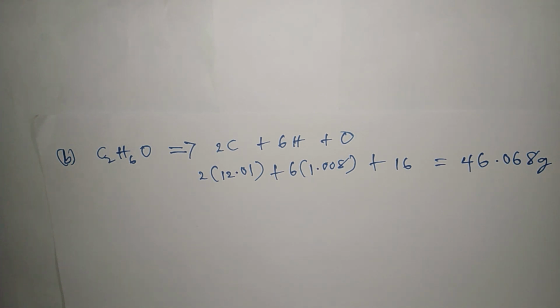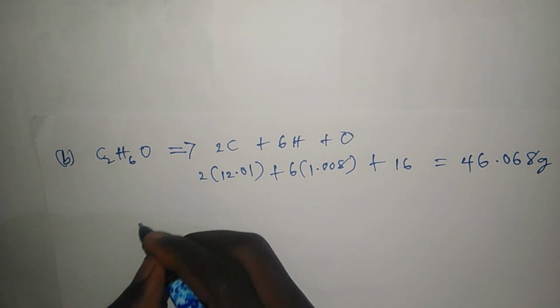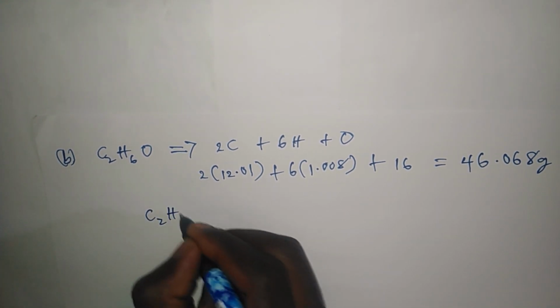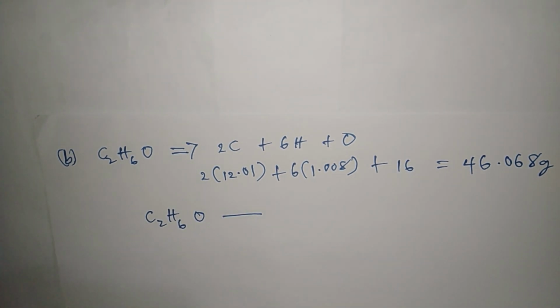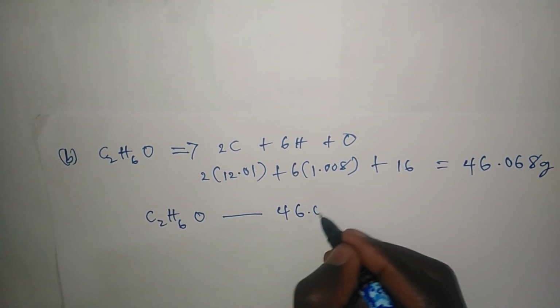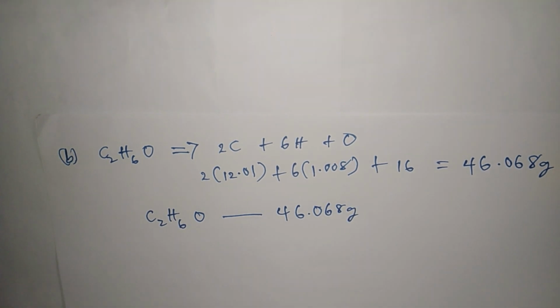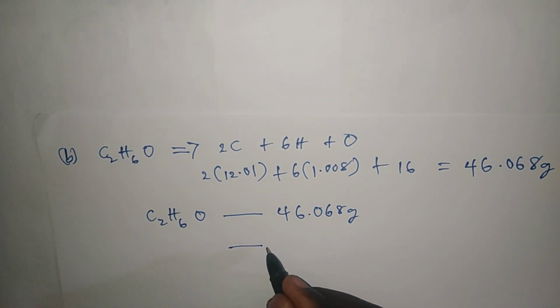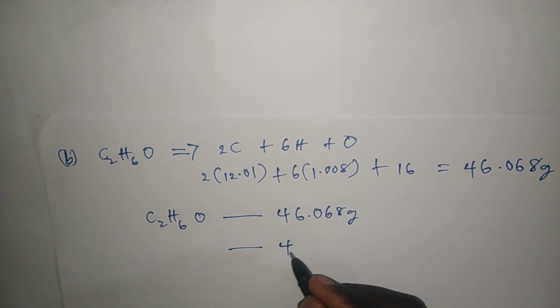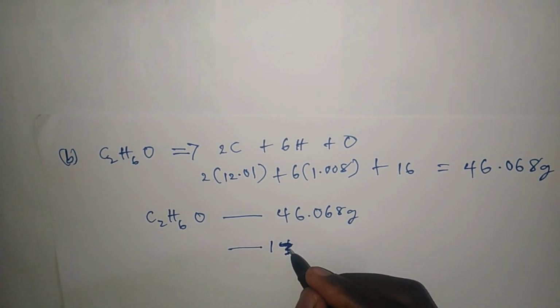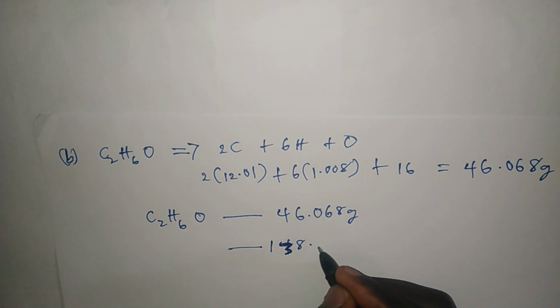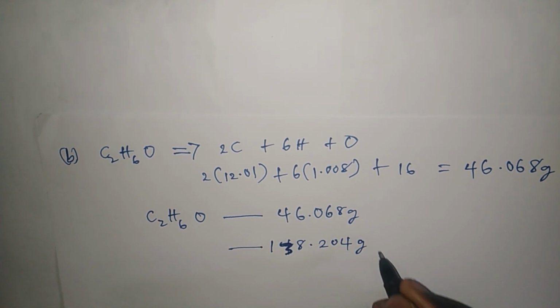To get the molecular formula, we'll say the empirical formula, which is C2H6O, has a molar mass of 46.068 grams. Now, according to the question in the B section, the molar mass of the compound is 138.204 grams. I should find the molecular formula.